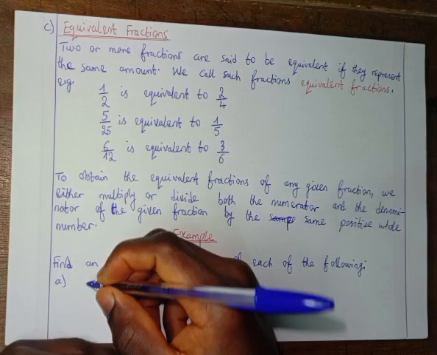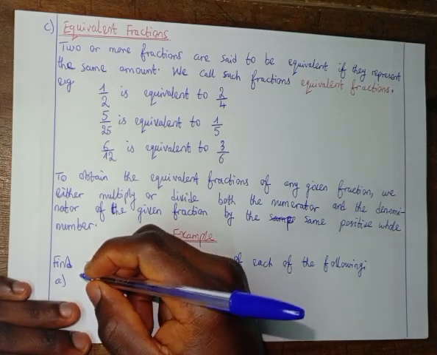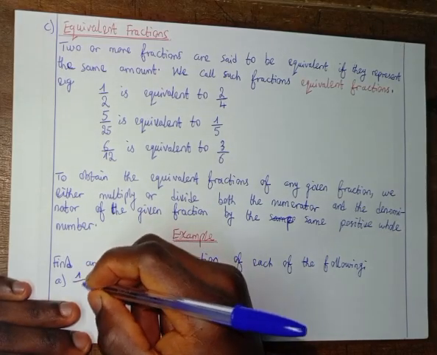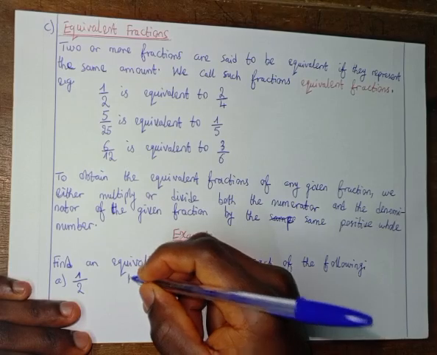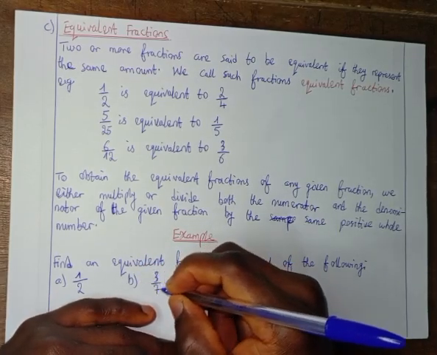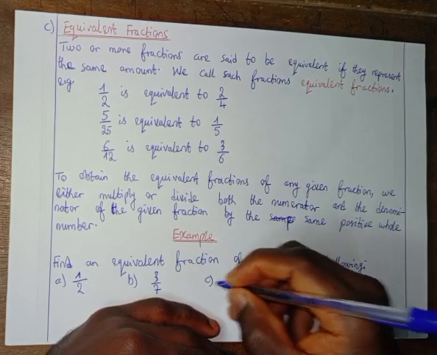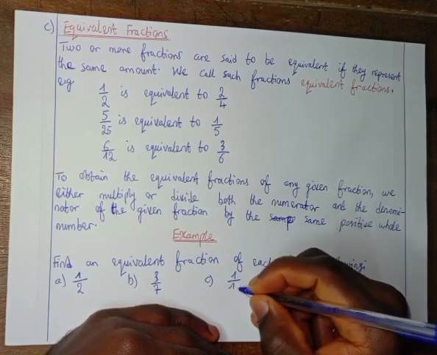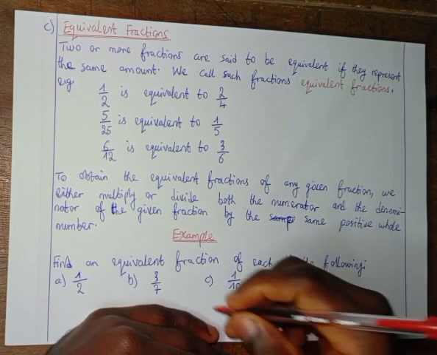For A, we have the fraction 1 over 2, a half. For B, we have the fraction 3 over 7. And for C, we have the fraction 1 over 10. Make solution.